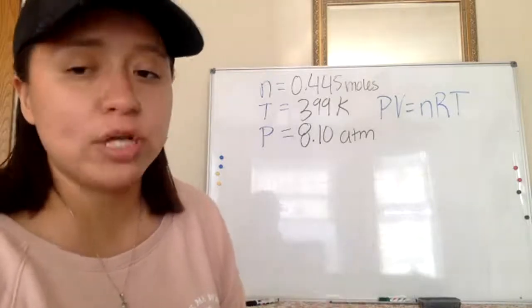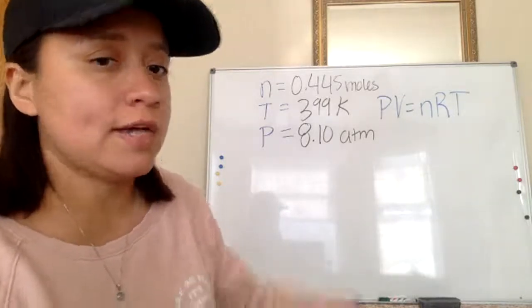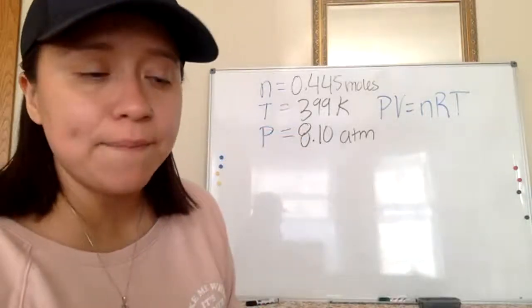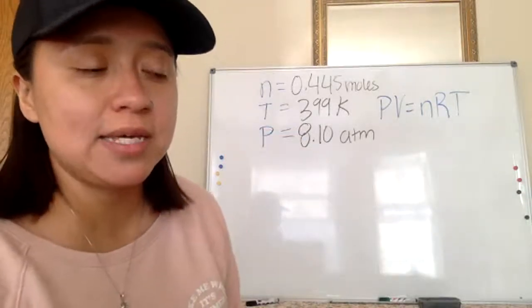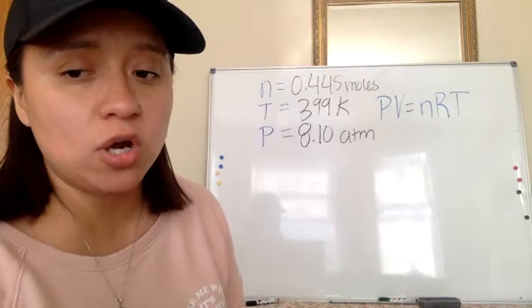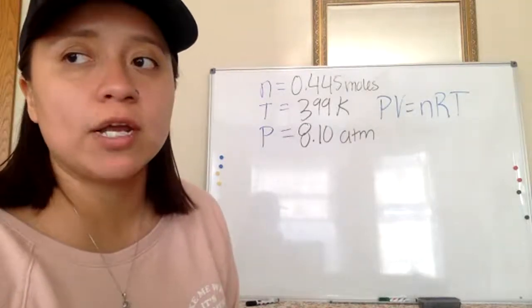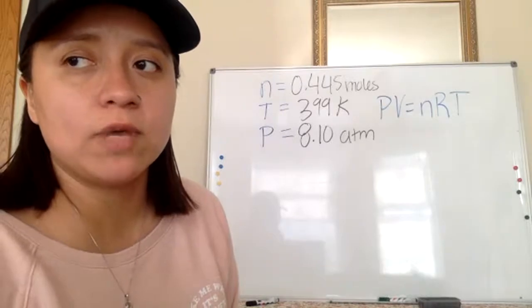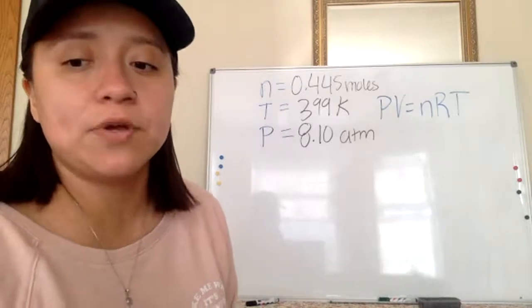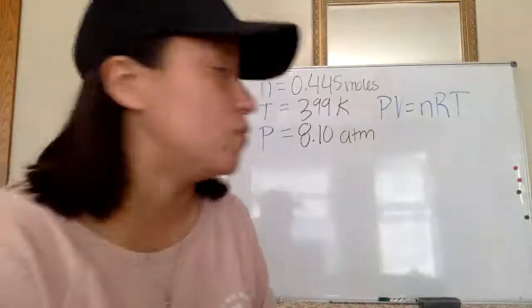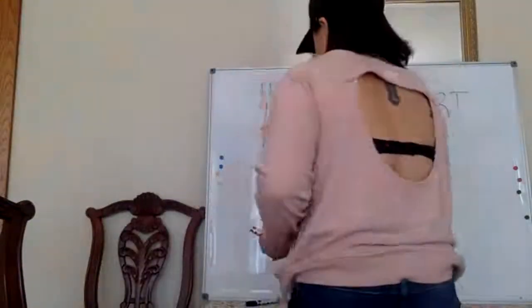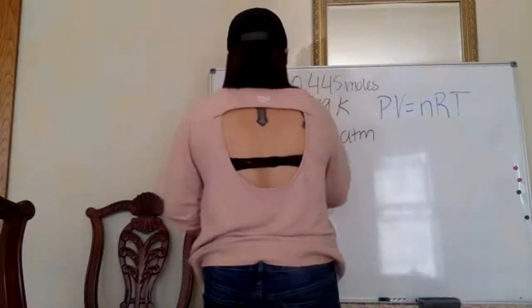So what pressure units are we using? As we can see, we're using ATM. Since we're using ATM, which R are we going to use? Yep, you're using 0.0821.